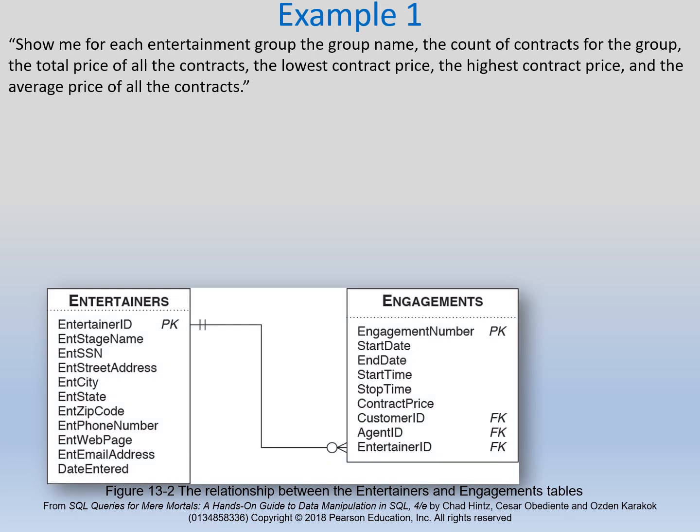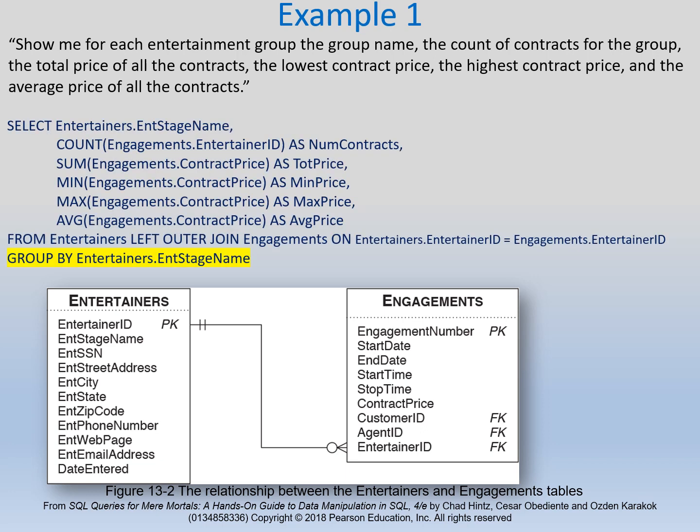Our data model consists of these two tables, entertainers and engagements. This is our select statement. We see the first column is entertainer stage name. And notice entertainer stage name is in the group by clause. Why? Because it's not part of an aggregation. Since it's not part of an aggregation, it must be in the group by clause.